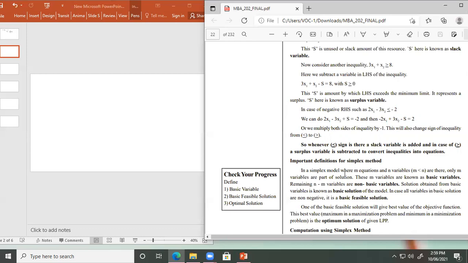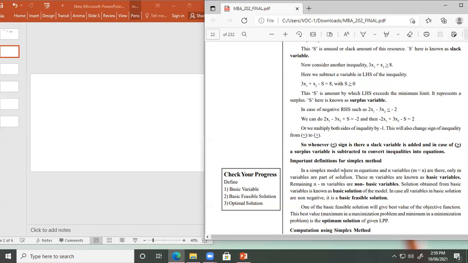There are different definitions for the simplex method. There are m equations and n variables, where m is less than n. Only m variables are part of the solution. These m variables are known as basic variables.